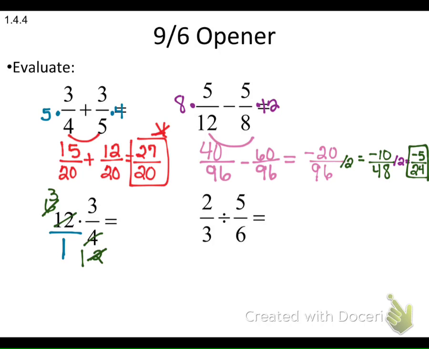So my next step for multiplying fractions is I'm going to multiply my numerators together. So if I multiply 3 times 3, what do I get? 9. If I multiply 1 times 1, what do I get? 1. Now I want fractions written in simplest form. Is 9 over 1 going to be simplest form? No. How should I write it?